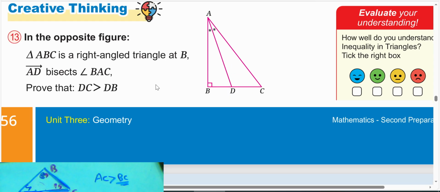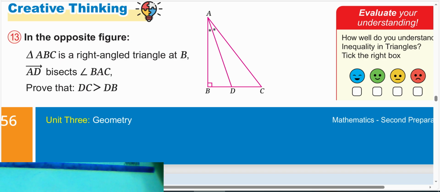Creative thinking. In the opposite figure, we have right angle triangle ABC and BD bisects angle A. He wants to prove that BC is greater than BD. Okay, we want to find the relation between two opposite angles. We have two triangles.